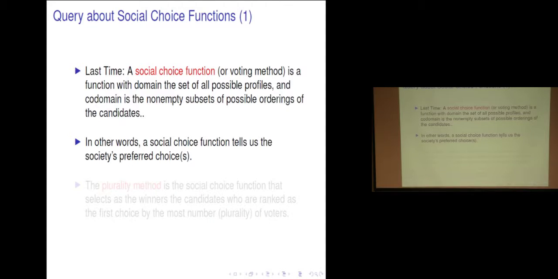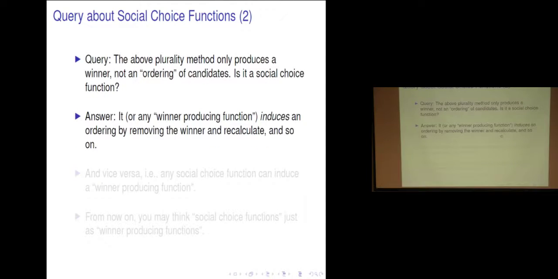So if you remove the winner, you can use the same method, like plurality, to select the runner-up, and that will be your second choice. Then you remove it again, calculate, and get your third choice, and so on. So any method that can produce a top candidate can produce a ranked list. So this is okay.